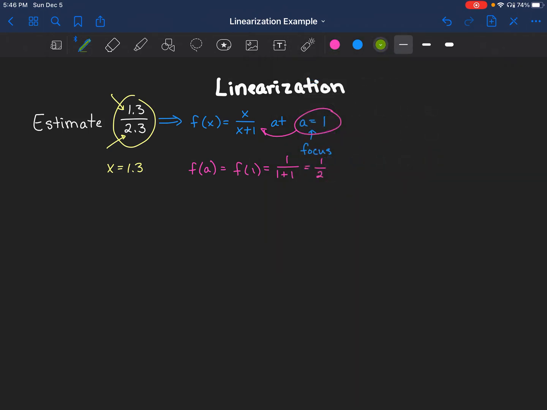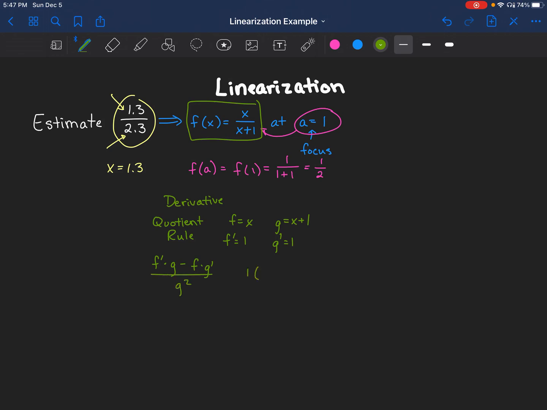From there, I'm going to choose another color, and I also need to take the derivative. Now, if I look at my function up here, that is a fraction. That's a rational function, so I'm going to need the quotient rule. I'm going to choose the numerator as x and the denominator as x plus 1. Taking their derivatives, we get 1 and 1. Putting it back into the quotient rule, remember we do f prime times g minus f times g prime over g squared.